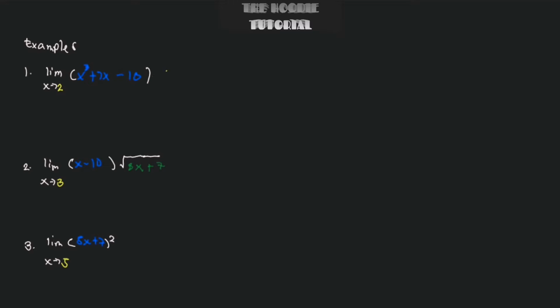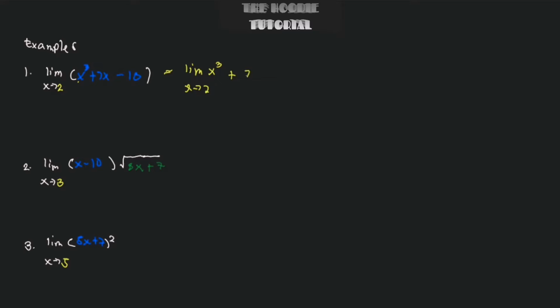Number 1, let's put an equal sign. Let's evaluate the first term, the limit of the function x cubed as x approaches 2, and then plus, since we have a whole number right here, we can basically factor that out.